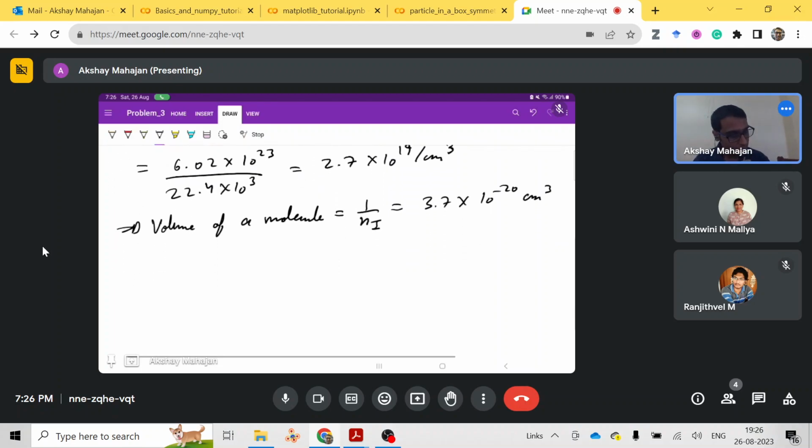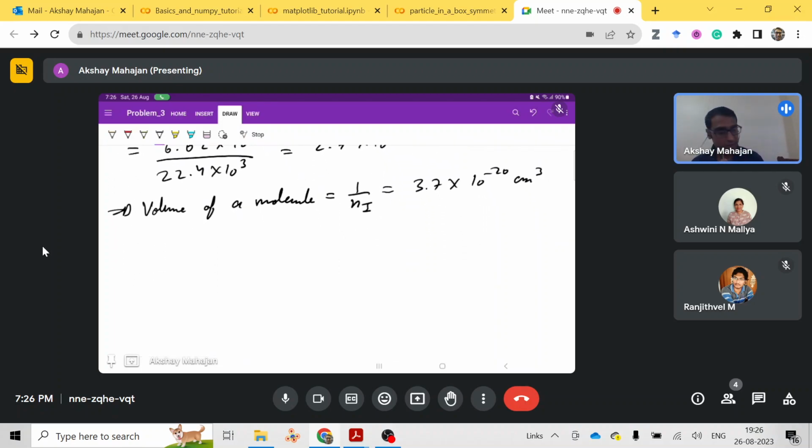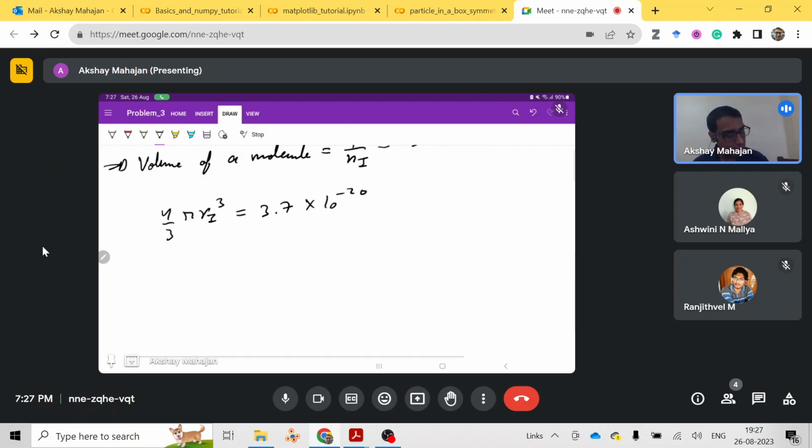Similar to what we have done for the electron, you can set 4 by 3 pi r_i cube equal to this volume, 3.7 into 10 to the power minus 20, and from here we can calculate r_i.